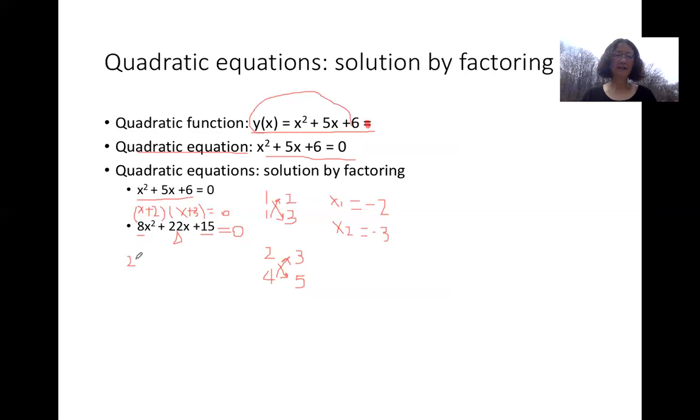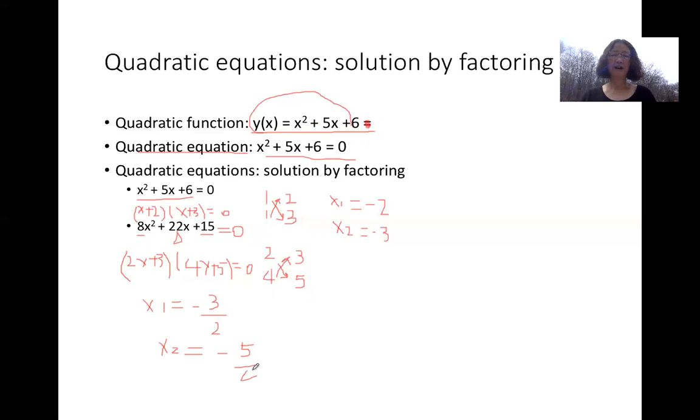So we factor the left-hand side, 2x plus 3, multiply 4x plus 5, equal to 0, okay? So let each bracket equal to 0, you get x1 equal to -3 over 2, and x2 equal to -5 over 4.